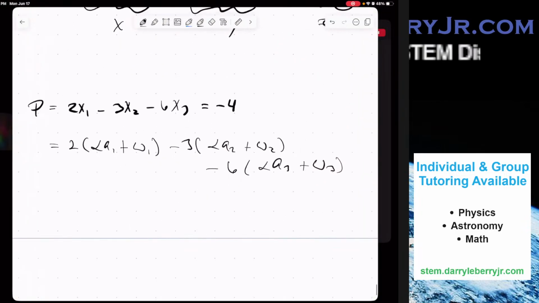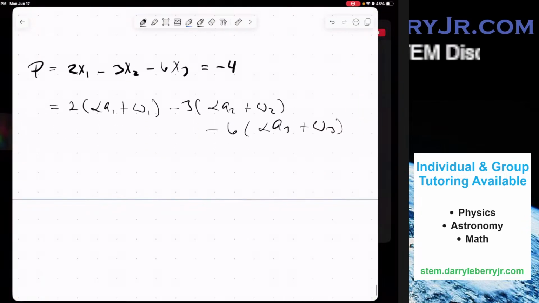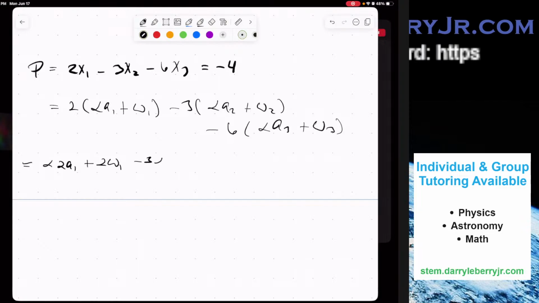So what that's going to be is big long mess. So that's 2 alpha A1 plus 2 W1 minus 3 alpha A2 minus 3 W2 minus 6 alpha A3 minus 6 W3 equals -4.